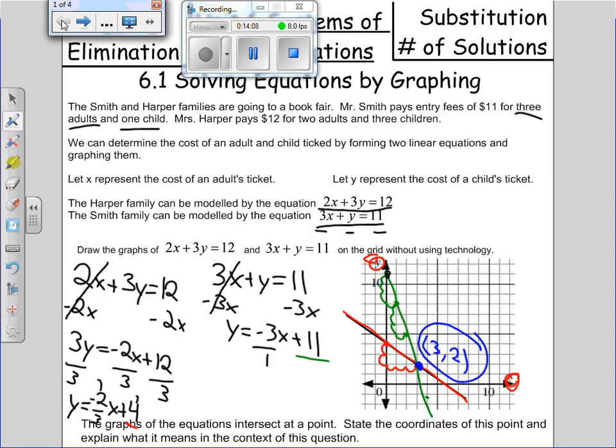Okay, hit window. Make sure your window's set to something appropriate. On our graph we did 10 and 10, and if you already set it to that, that's fantastic. I'm going to set mine to minimum negative 10, maximum 10, scale of 1.